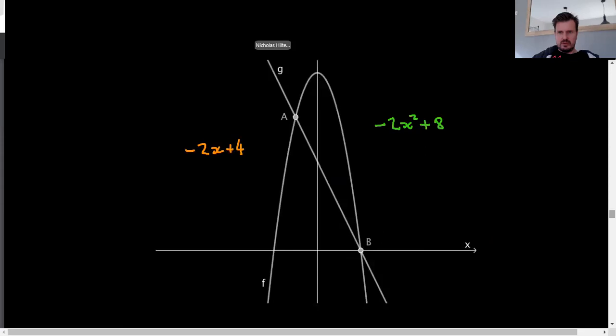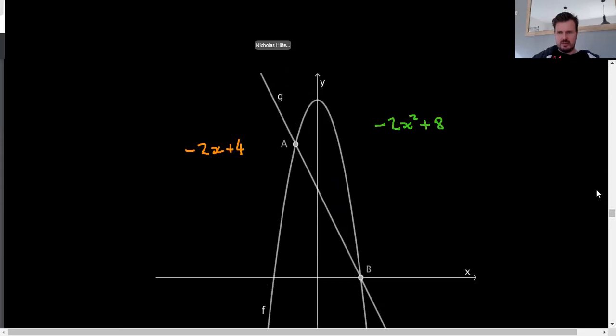Okay, determine the coordinates of A and B. Notice that A and B are where they touch. So this was the orange one here, and then the green.